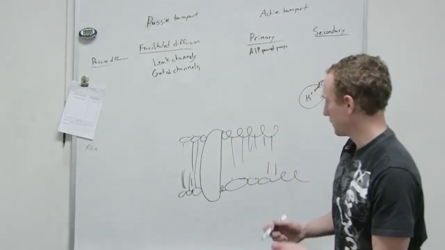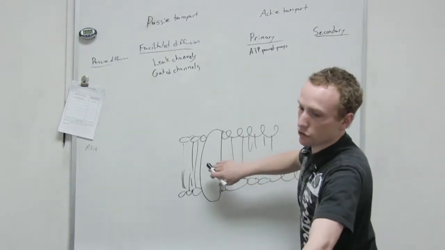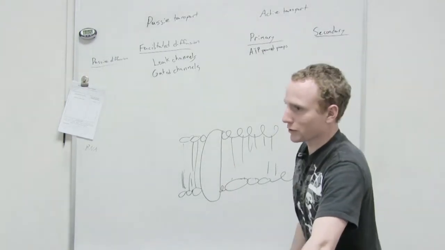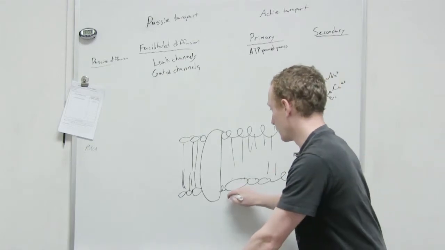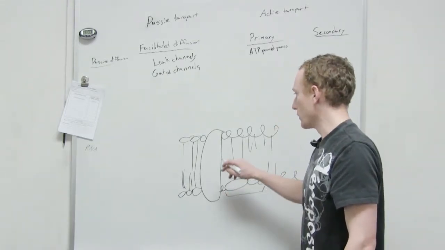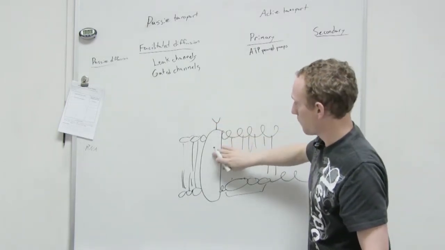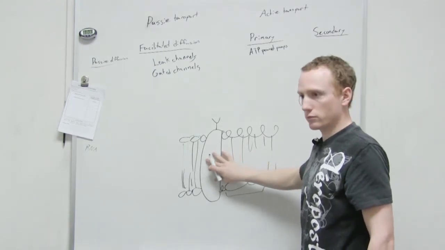So for the G proteins, the G protein complex is what it's called. We've got a couple parts. We've got the G protein complex right here, and then we've got a membrane-bound G protein receptor.